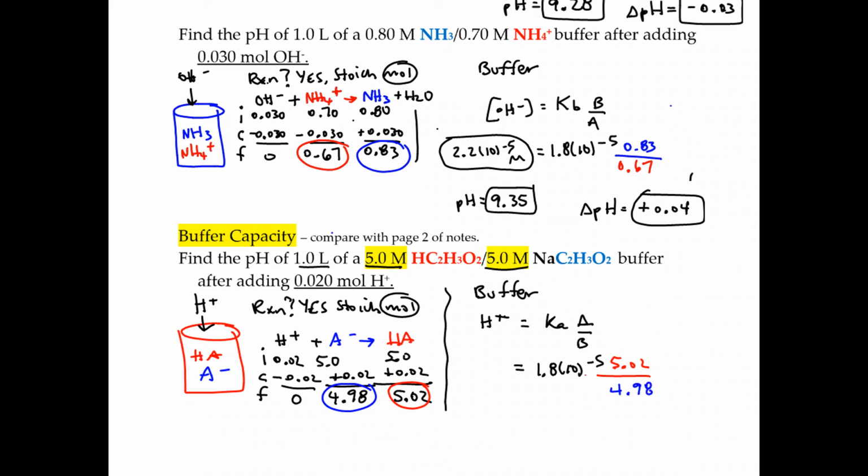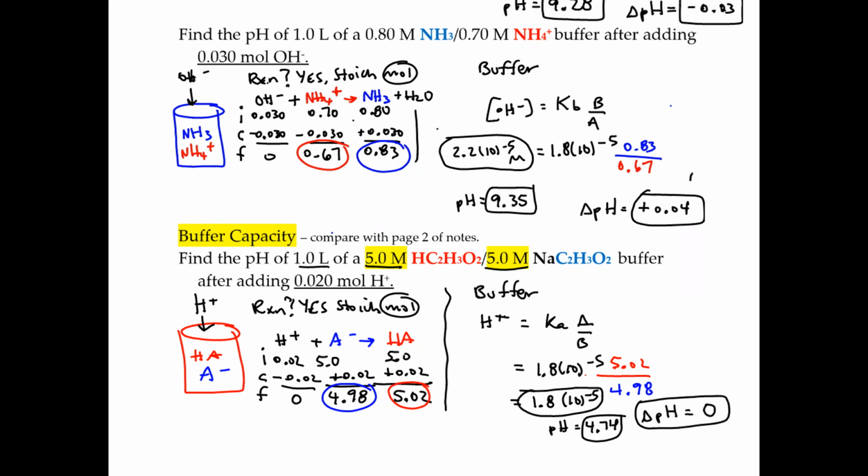And interestingly, when you do the math for this with sig figs, you're going to find out that the H plus is going to come out to be 1.8 times 10 to the minus fifth. And the pH of that is going to be 4.74, which is the exact same pH as the first one on page 2 of this. So there's no change in pH.